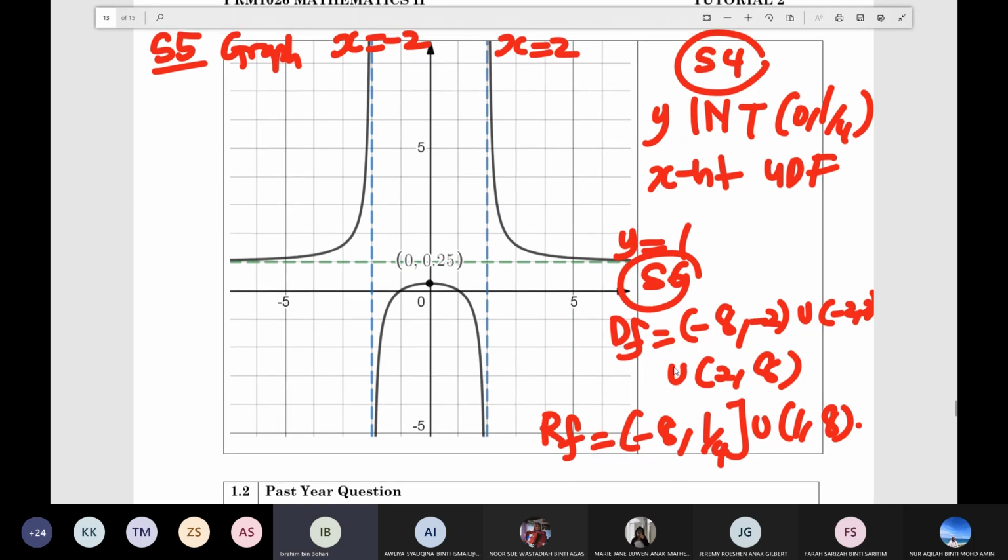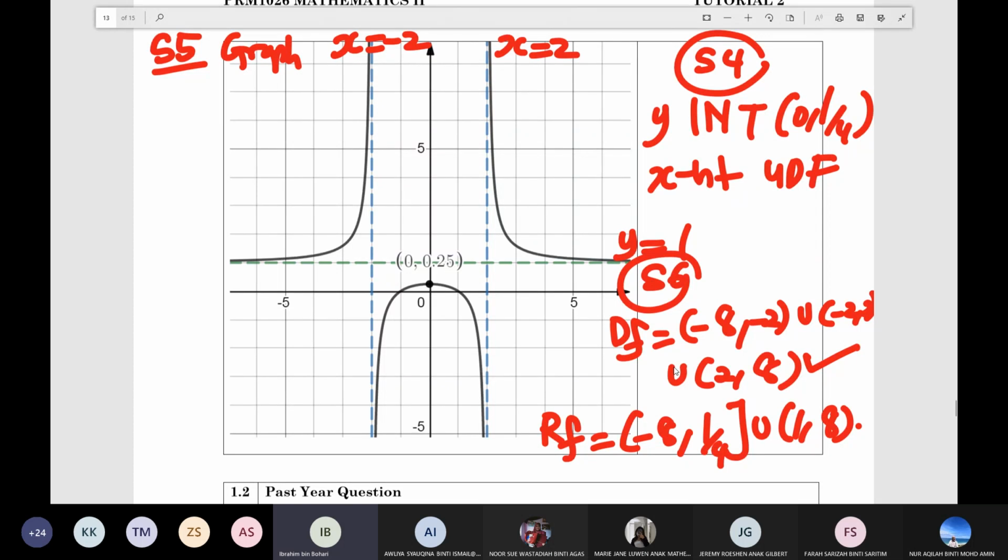Okay, settle. And step 6, domain and range of the rational function. The domain of the rational function is all the real numbers except the vertical asymptotes: negative infinity to negative 2, union negative 2 to 2, union 2 to positive infinity. Yeah.